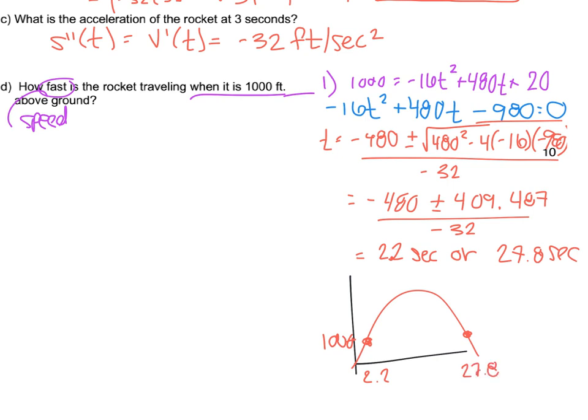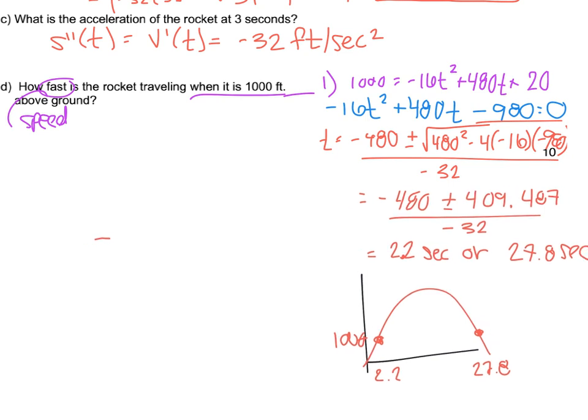Remember we were asked to find the speed when it was that high off the ground. We have two different speeds. Interestingly enough, we will find that those will probably be the same. Okay, so let's go back to what we're being asked here. We're being asked to find the speed, which remember is the absolute value of the velocity, which is just the absolute value of the derivative, s prime.